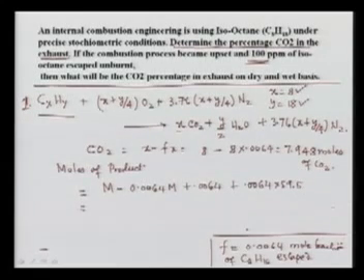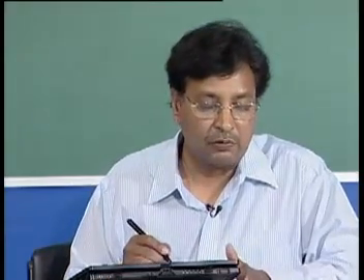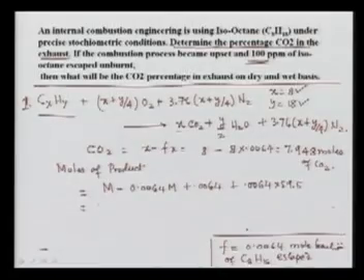My M was the total product when everything got completely burnt, but this time it is not completely burnt because something is escaping. So if you recall, what were my moles? M was 64 minus 0.0064 times 64, and this is the portion which is showing up in the exhaust.